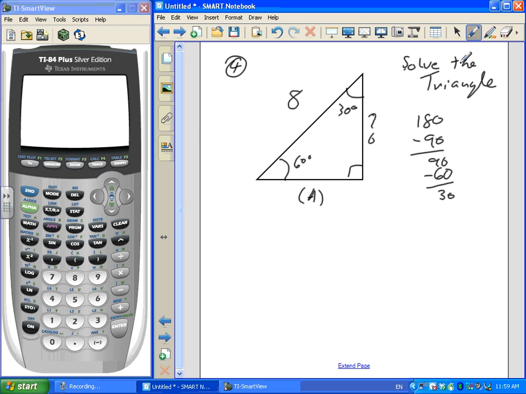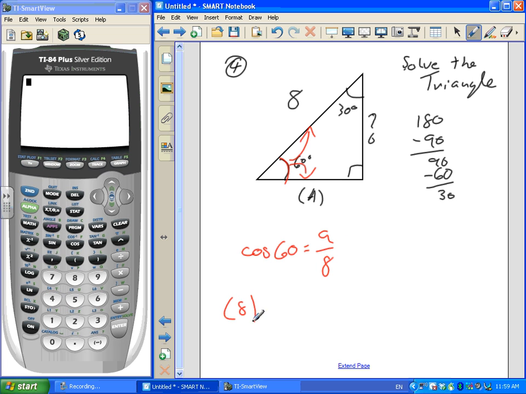Now what I need to do is solve for sides. We're going to constantly have to work off of the hypotenuse because it's the only side we have. So what we'll do is we'll use angle 60 degrees to solve. Hypotenuse and adjacent. So if I'm solving for something where I need to find the hypotenuse and the adjacent, I'm going to use cosine 60 is equal to the adjacent, which is our A, divided by the hypotenuse.